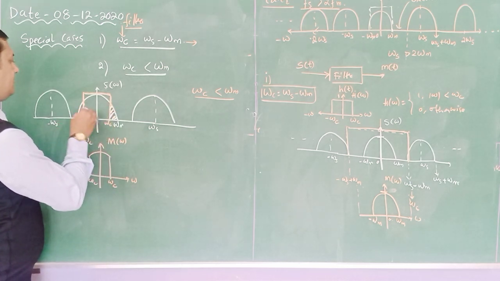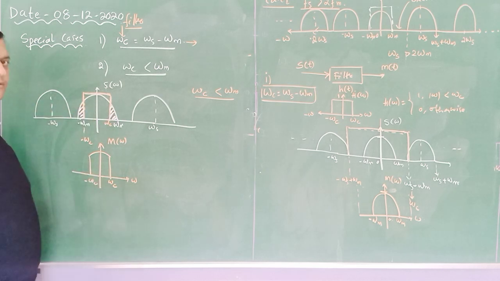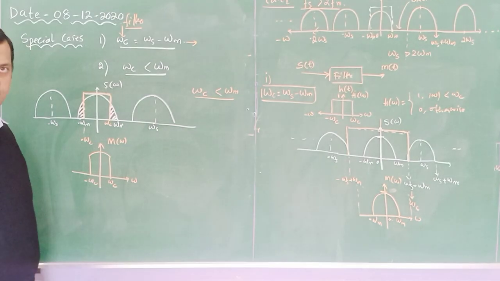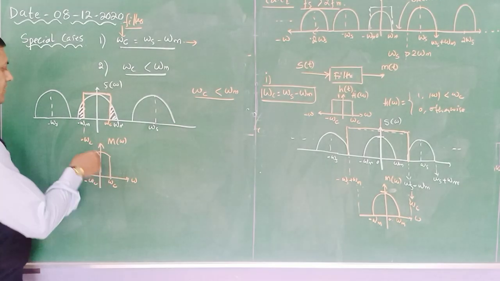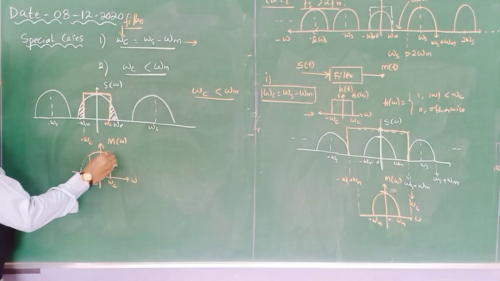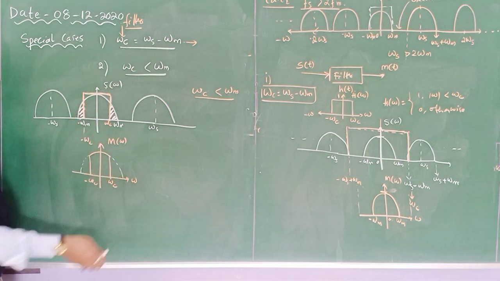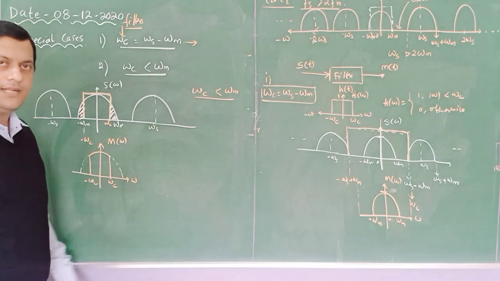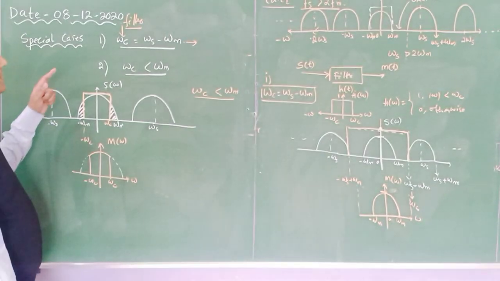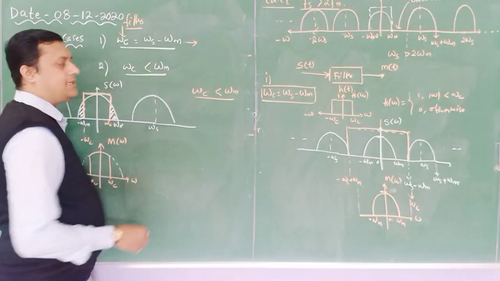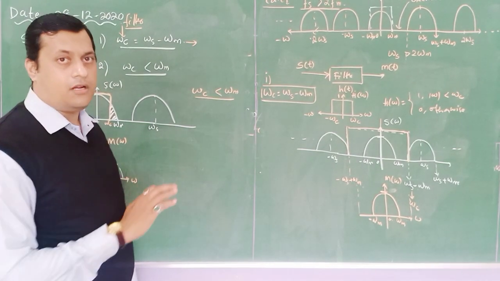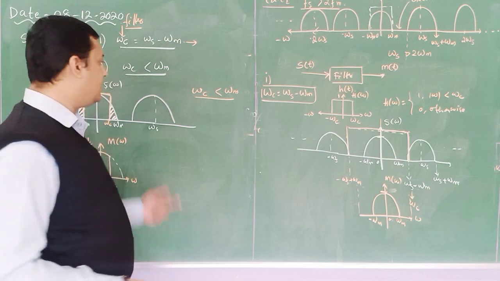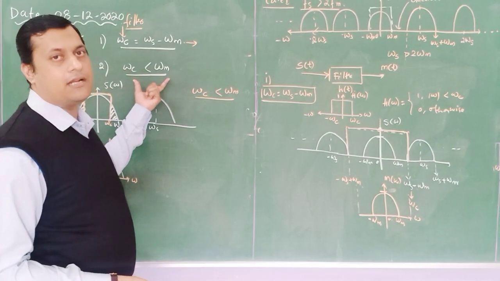If the information is lost, the energy is also lost. If the energy is lost, that means we cannot recover the original message signal. So this dotted line we cannot recover because the filter response is less than your band limited signal. So this is also one case. Practically we are not using it because we need to extract the original modulating signal, though this is the analogy.